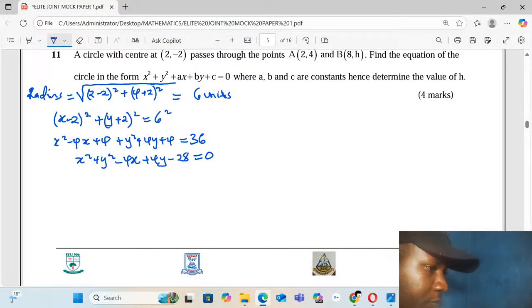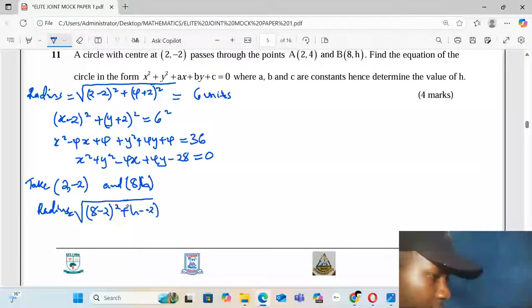Then having the end point B, which is 8, h squared gives us 6 units.